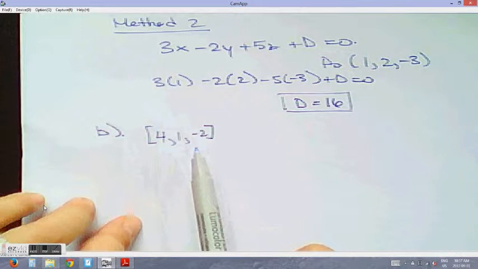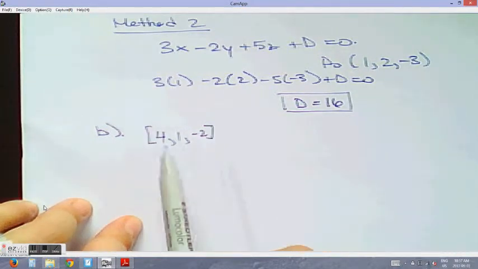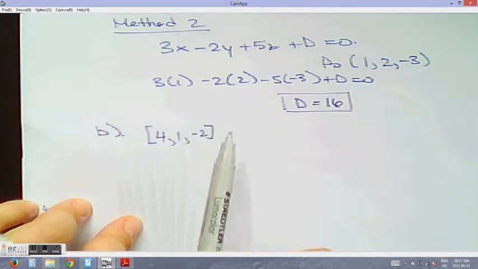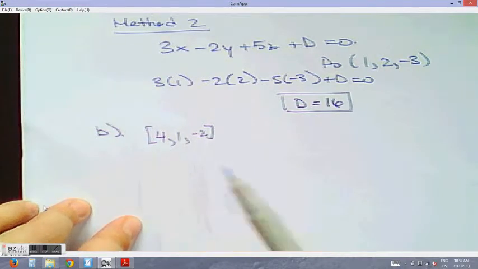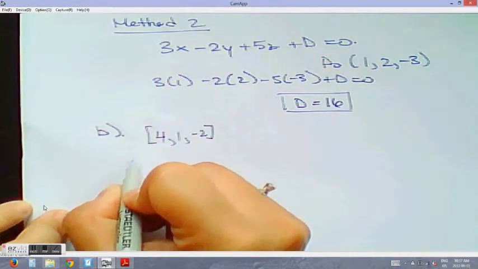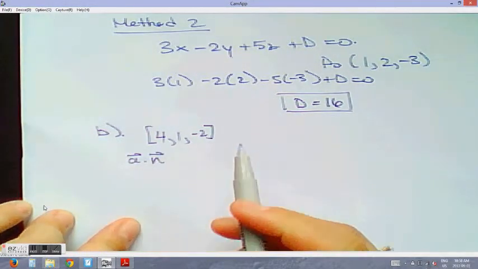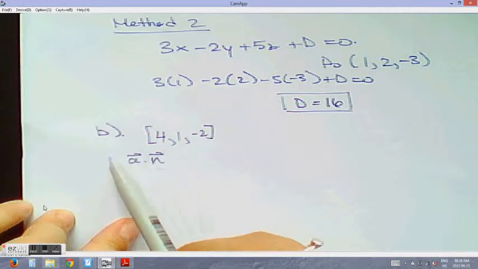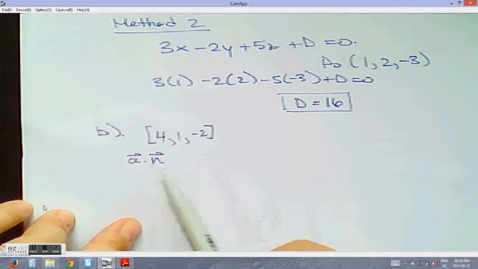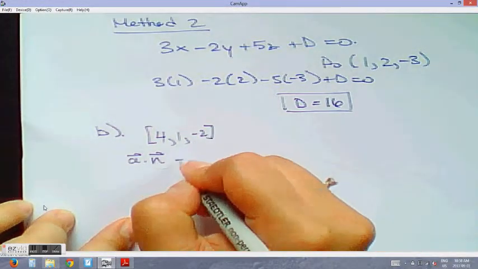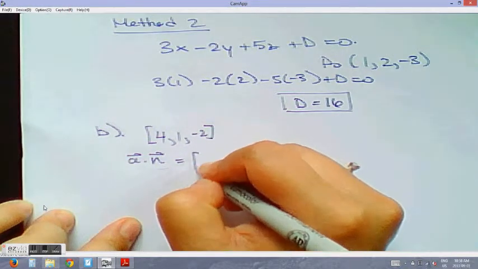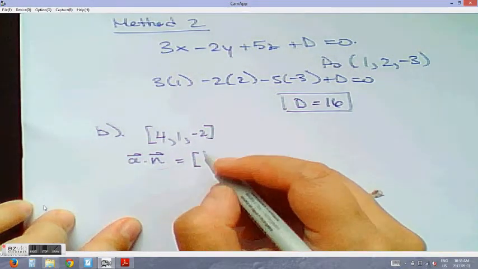If this vector is parallel to the plane, then the normal and this vector are going to be perpendicular. So if A dot n, if they're perpendicular, then their dot product should equal 0. Let's check their dot product.